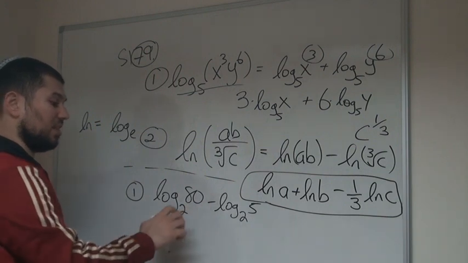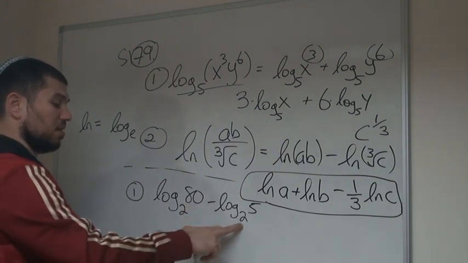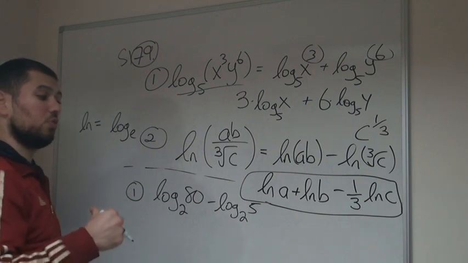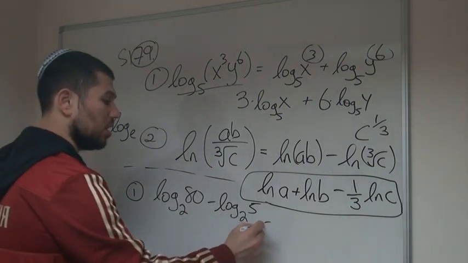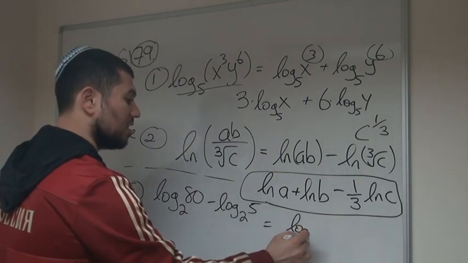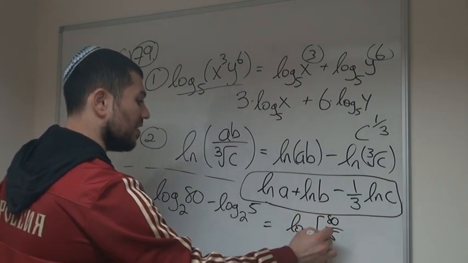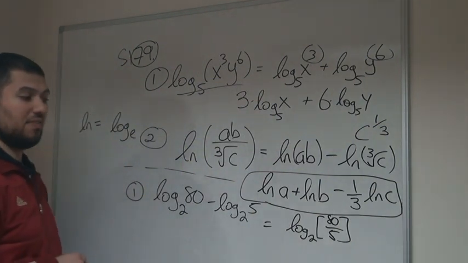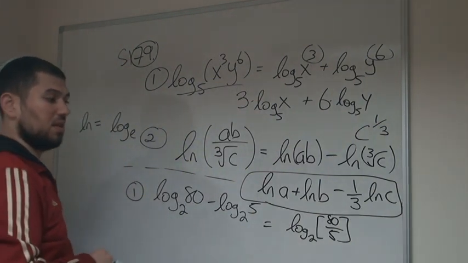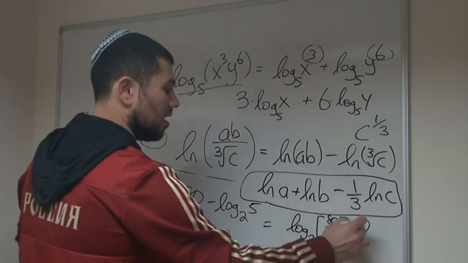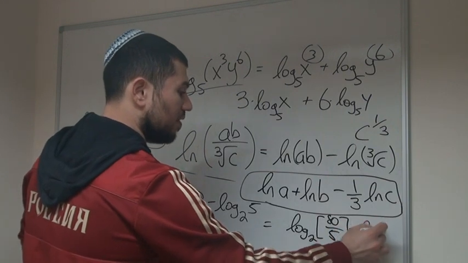So I have a minus here and the bases are the same. That allows me to use rule 2 in reverse. That gives me log to the base 2 of 80 over 5. 80 divided by 5 is 16. Log to the base 2 of 16.